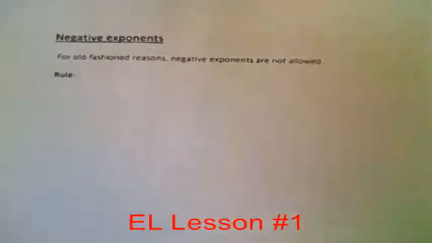Now negative exponents, okay? With negative exponents, there are old-fashioned reasons you don't want negative exponents. It doesn't take long. You go back in history, calculators couldn't do them. Doing them by hand was nearly impossible.